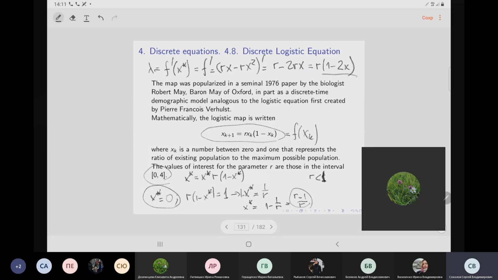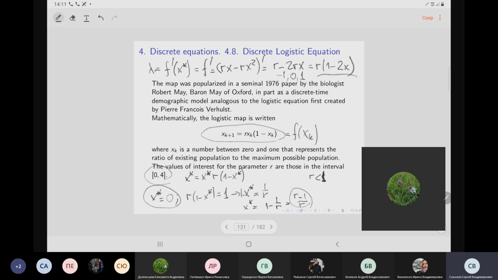And we compare this value with -1, 0, and 1. So when we compare f prime with these three values, we get different r for different equilibriums.